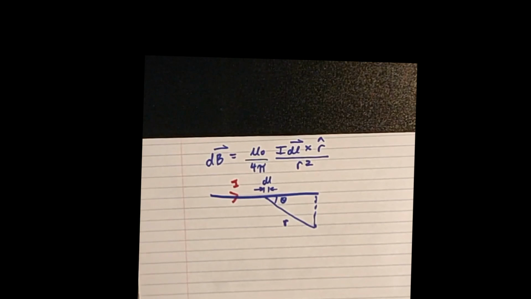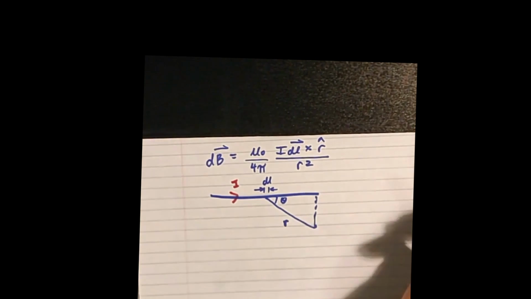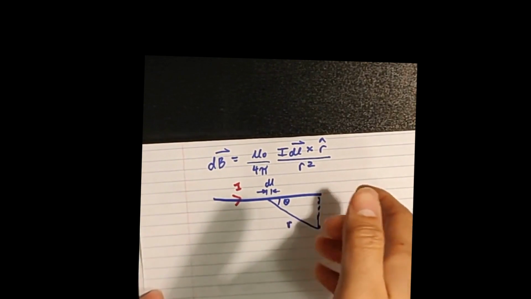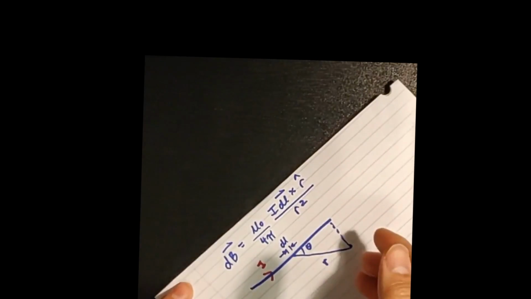That's it. So I just wanted to talk a little bit more about finding the direction of the magnetic field. When we were doing the problem, the method that I showed in the video was I used my right hand rule and I knew that the magnetic field goes around. So I was able to see, using right hand rule, that the magnetic field was actually going into the paper.